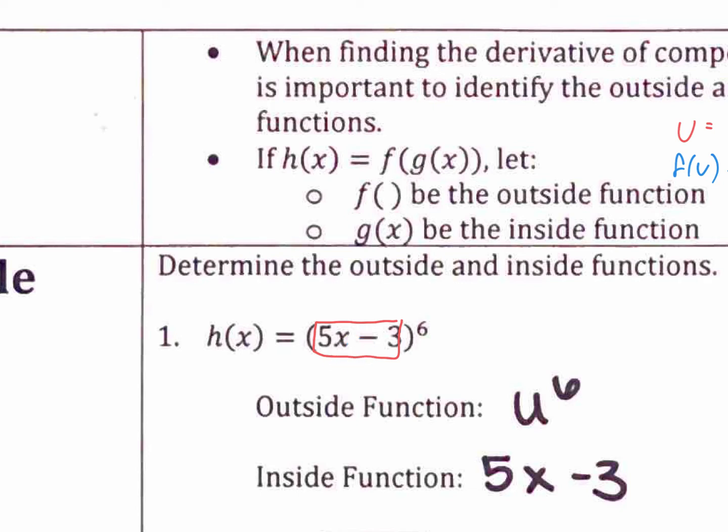The outside function is I'm taking whatever that input was and bringing it to the 6th power. So my outside function is something to the 6th. My inside function is, well, what was in there? That was 5x minus 3. The way we represent that quote-unquote something, or that empty parentheses, is we can just put a u there, and that u is kind of a space holder.